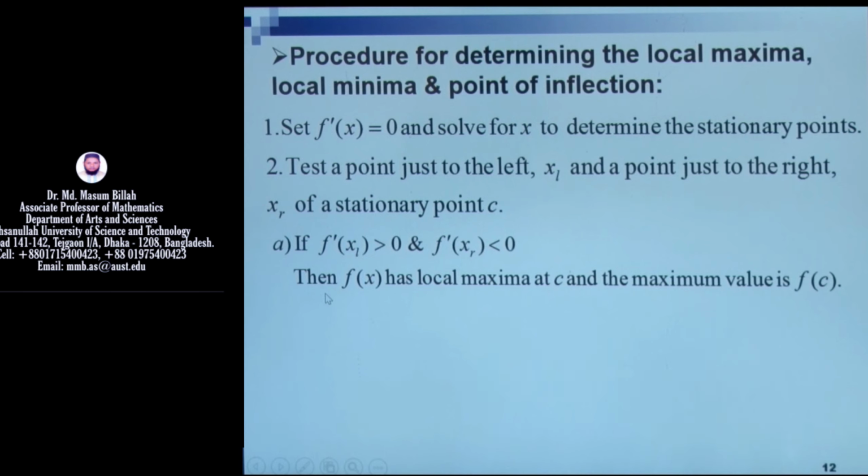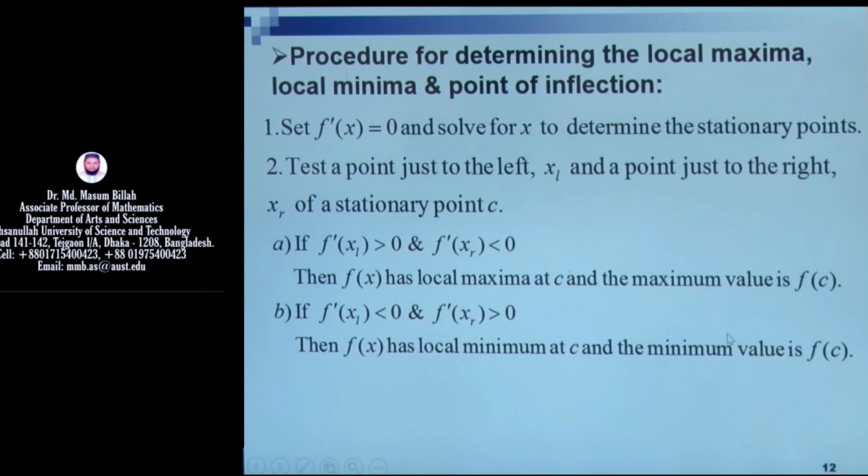And if we get f'(xl) greater than 0 and f'(xr) less than 0, that is, on the left side it is increasing, then decreasing, then we get a maximum value. And if at a stationary point C, f'(xl) is less than 0, decreasing, and then increasing, this is known as a minimum value.